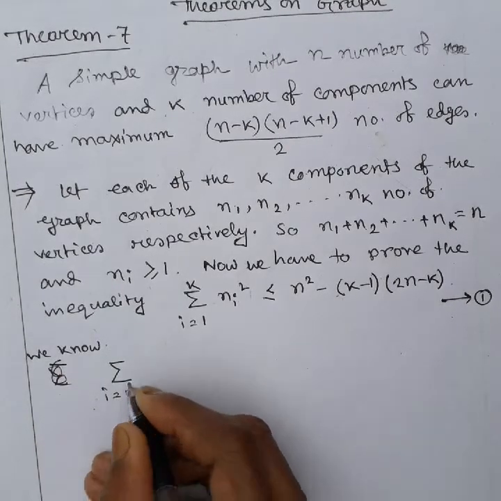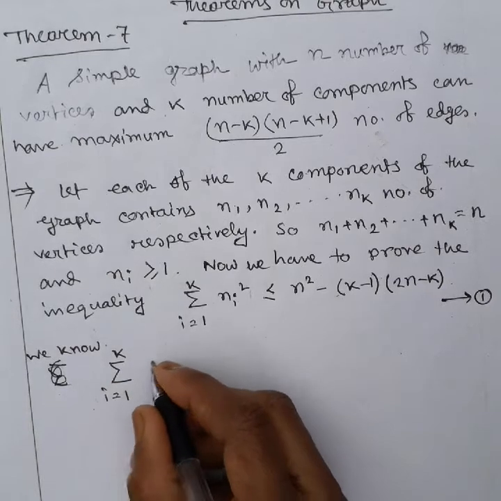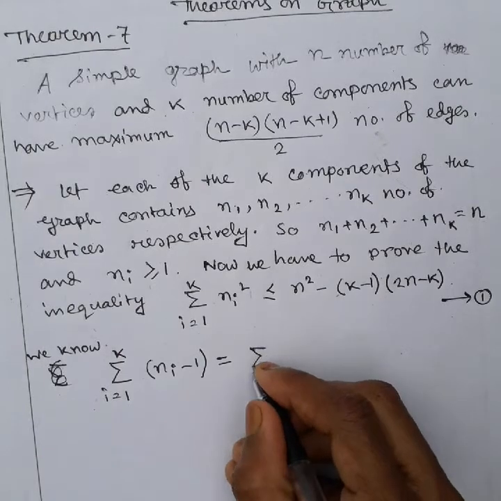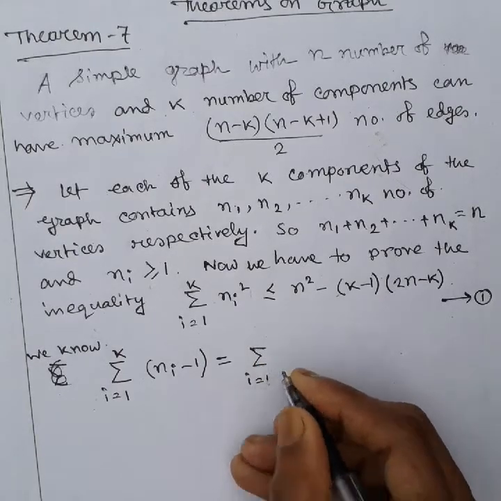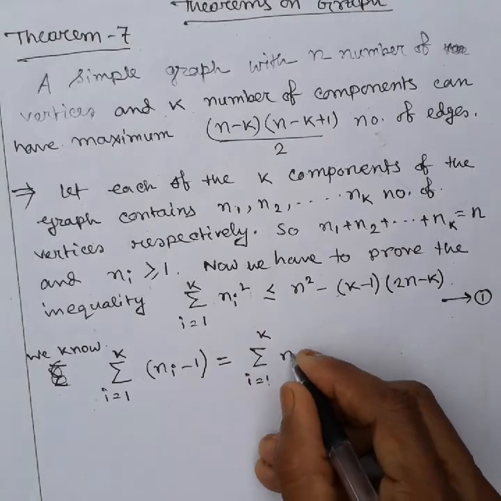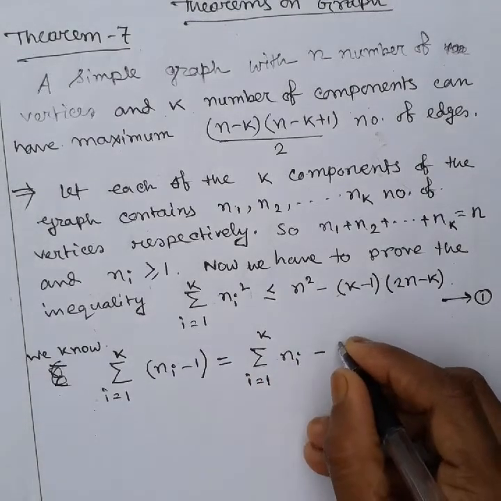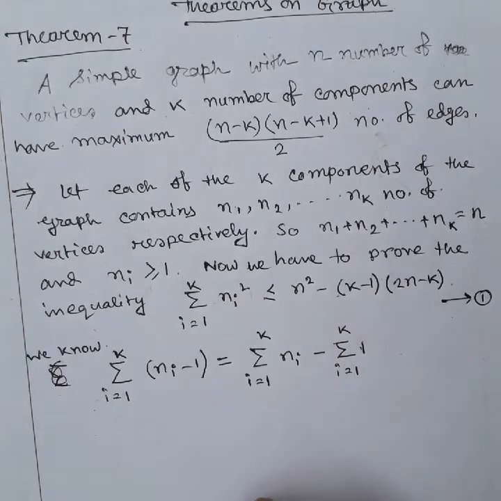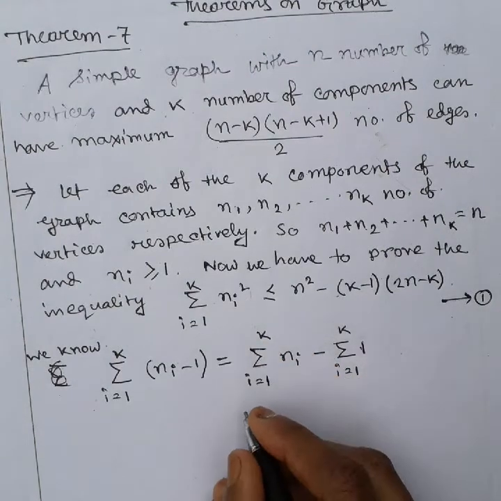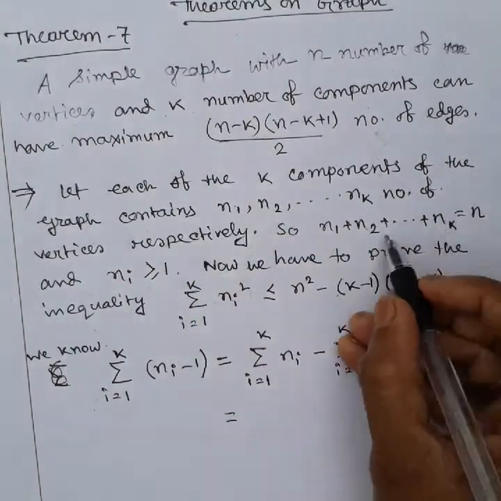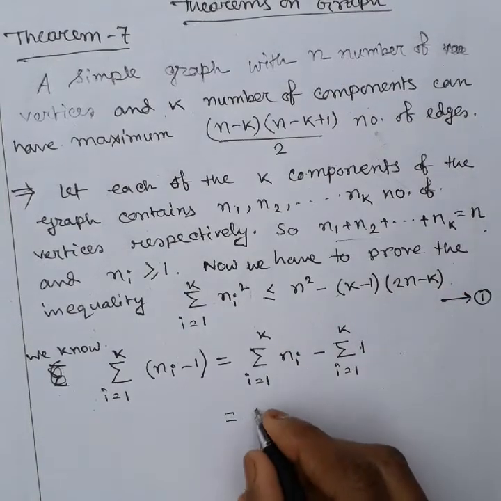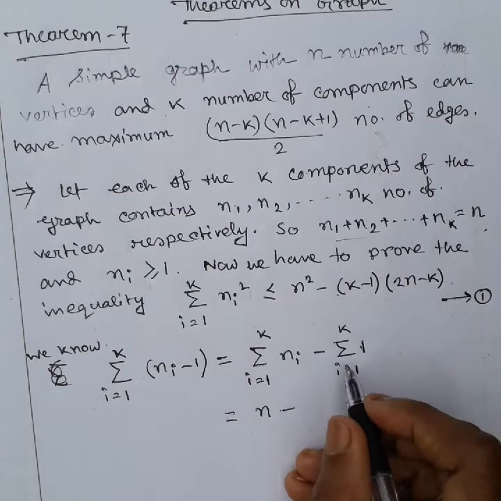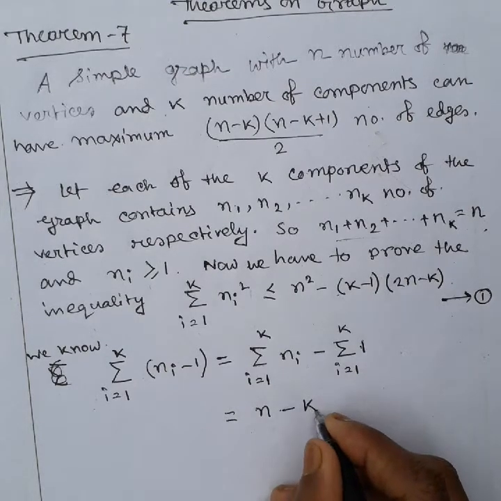summation of i equals 1 to k of (ni minus 1). What is this value? This equals summation of i equals 1 to k of ni minus summation of i equals 1 to k of 1. Okay, this is the summation of ni, which is n, minus k times the addition of 1, so this equals k.